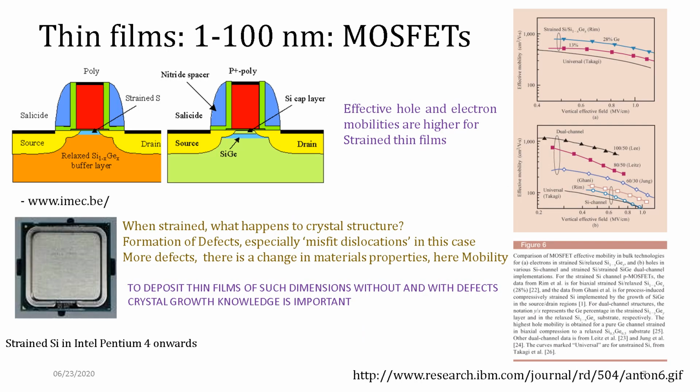Moving on to the next slide, this tells about thin films of say 1 to 100 nanometers being used in MOSFETs, field effect transistors. What this says is when you have a strained material and when you don't have a strained material, so basically we use silicon here.